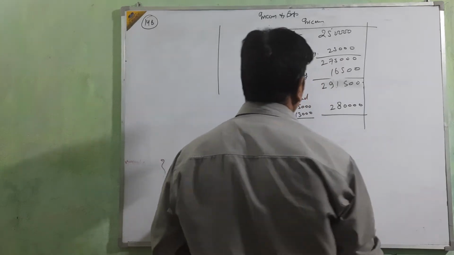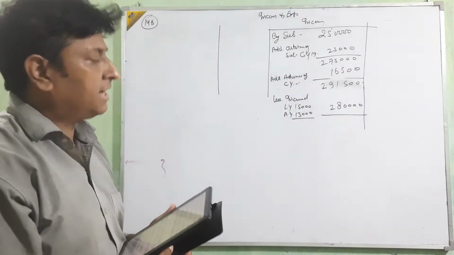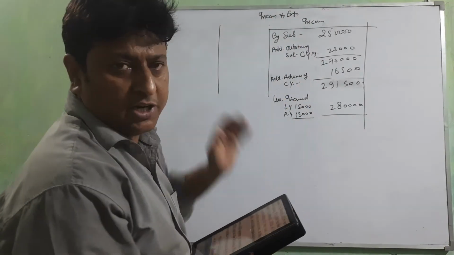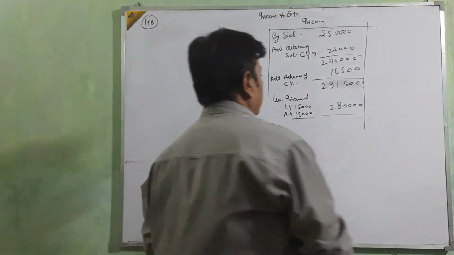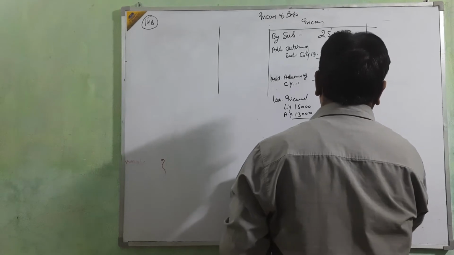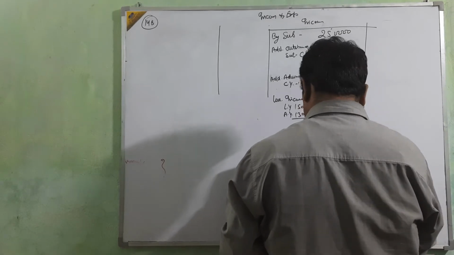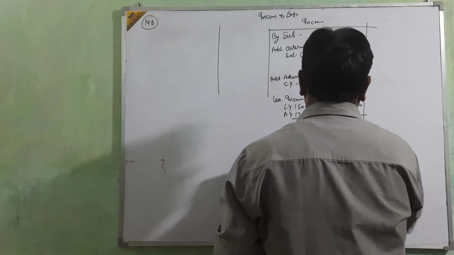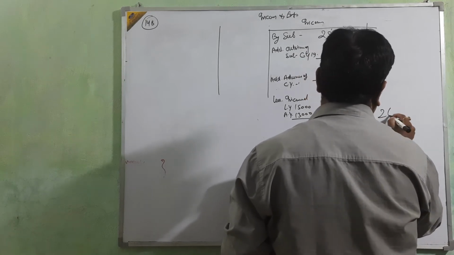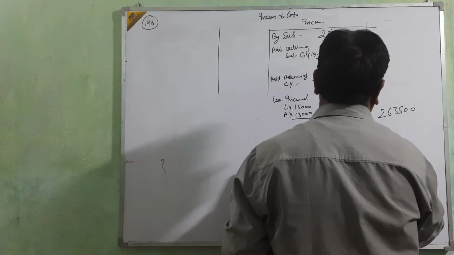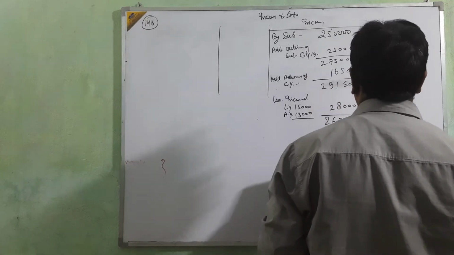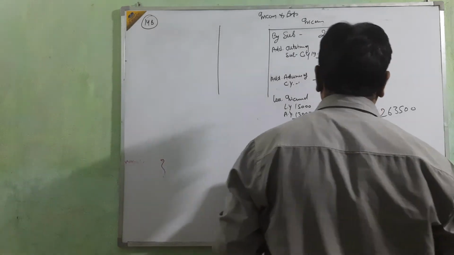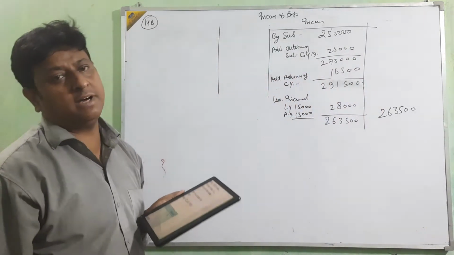Okay, we are not deducting from here only; we can deduct from here also, but at last we are going to deduct this amount. Then the result is 2,45,500.